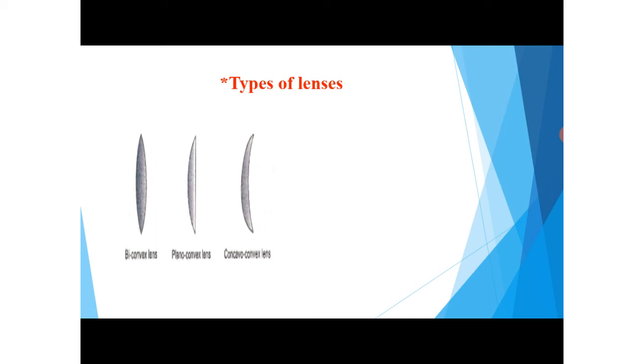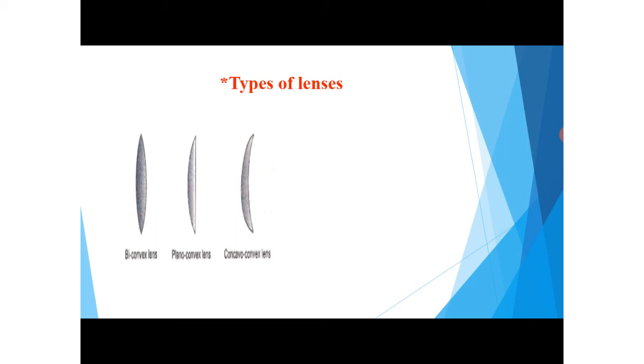Okay, so this is biconvex. Both the faces are bulged out, both the faces are convex. The second figure is plano-convex lens. As you can see from the figure, the left side is bulged out, that is the convex, and the other side is straight, that is plane. So that's why this is known as the plano-convex lens.